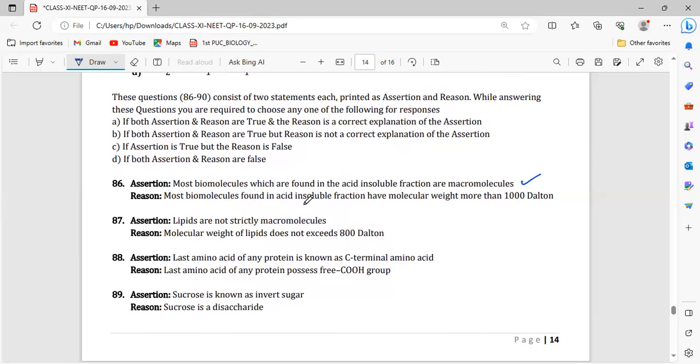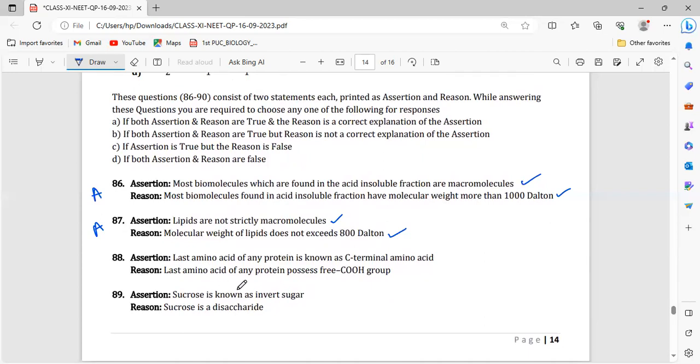Most biomolecules found in acid insoluble fraction have molecular weight more than 1000. Since they have more molecular weight, they are found in acid insoluble fraction. So answer should be A. Lipids are not strictly macromolecules, they are micromolecules because their weight does not exceed 800 Dalton. And reason is the correct reason.